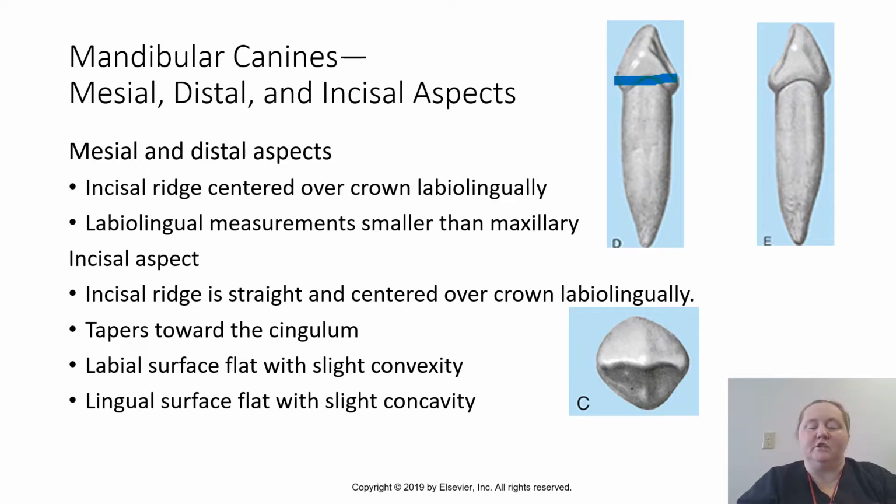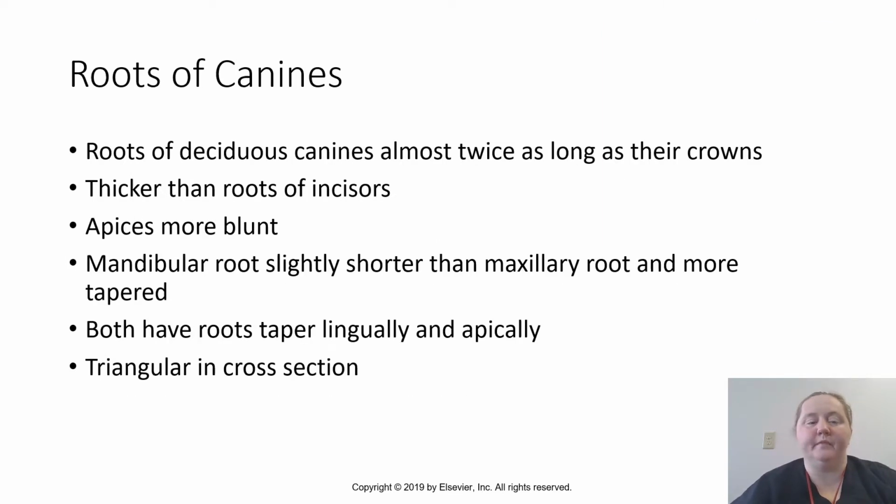The incisal ridge is straight and centered over the crown labiolingually. Okay, and that's what it's saying up here also. It tapers towards the cingulum, meaning this tooth is tapering towards the lingual. The labial surface is flat with a slight convexity, and the lingual surface is flat with a slight concavity. That's what gives it that shovel, right?